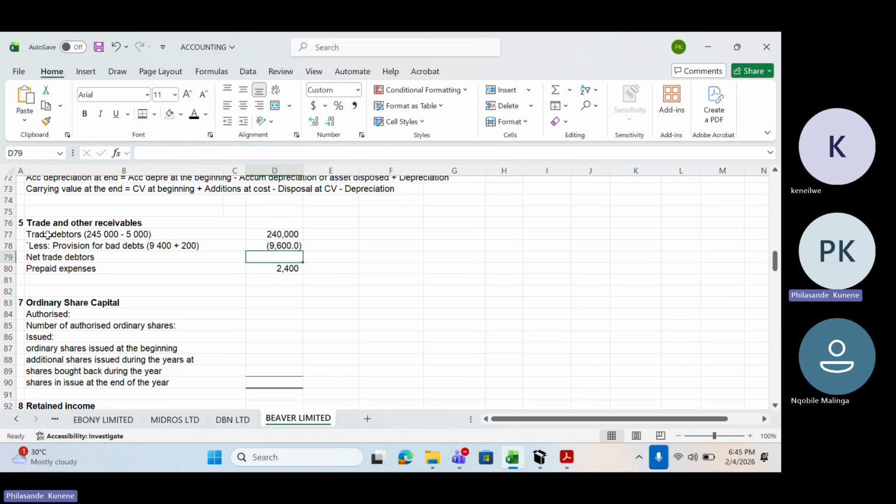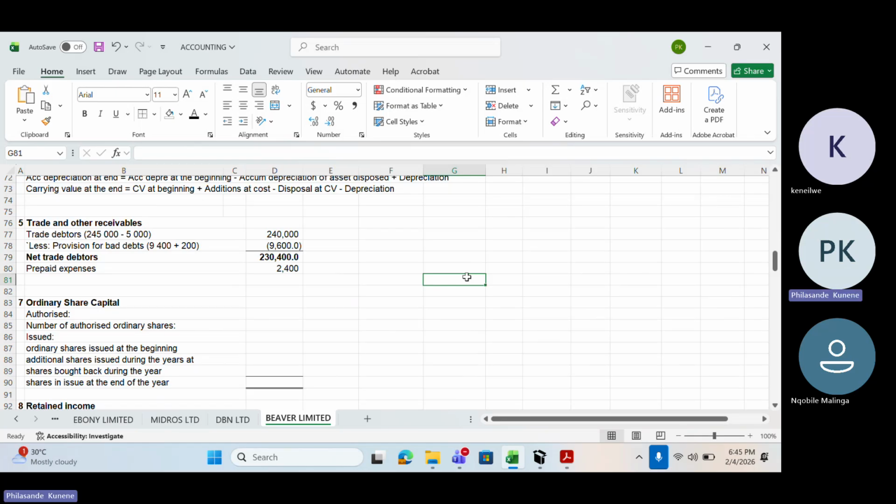This is my trade debtors less provision for bad debt. And then we're getting the net trade debtors. So which means now I'm going to take the difference between the two, which is going to give me 230,400 rand. So this is what I have currently on the note.